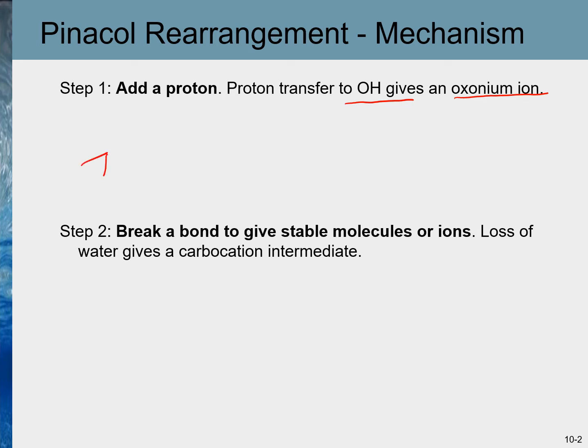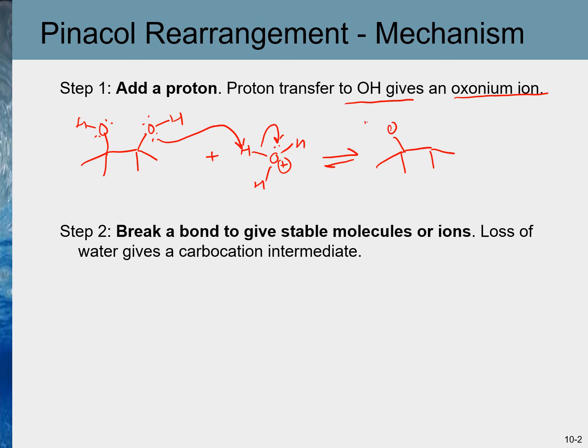So in step number one, the hydroxyl group will accept a proton from the acid, and the hydroxyl group of the glycol will convert into an oxonium ion.